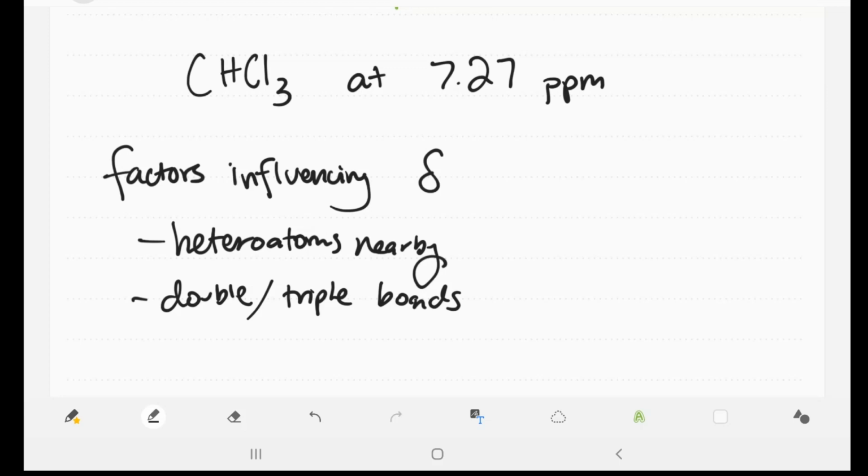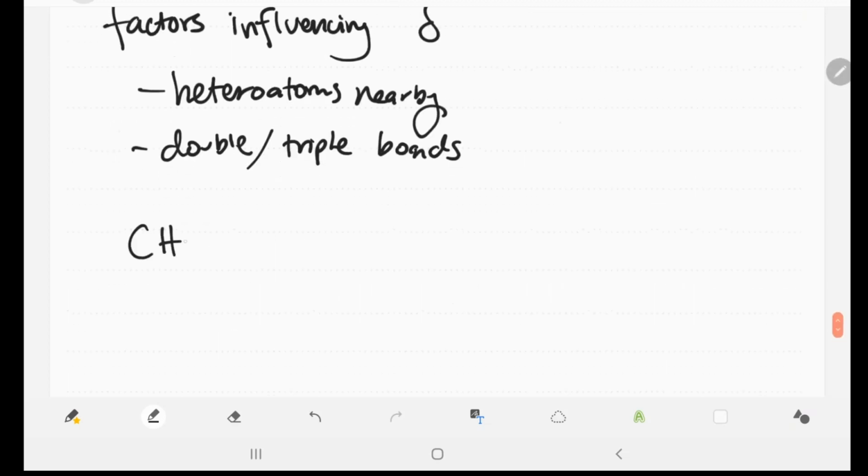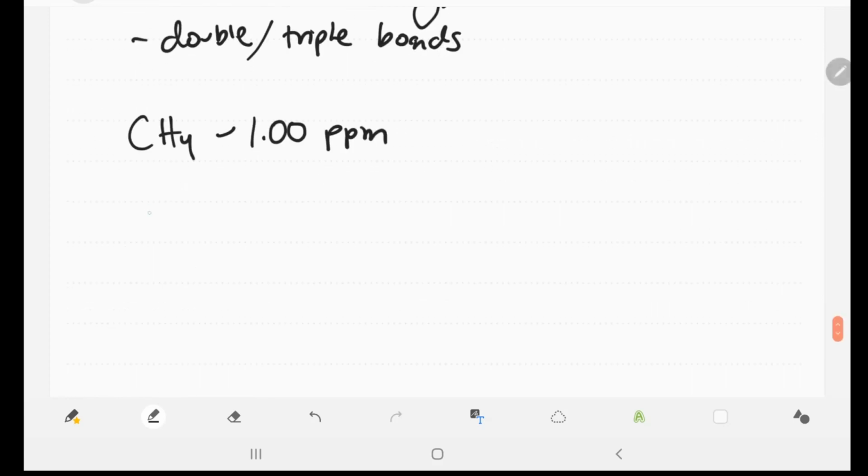So typically, methane will show up at about 1.0 ppm. Something like a methyl substituent shows up at about 0.9 ppm.